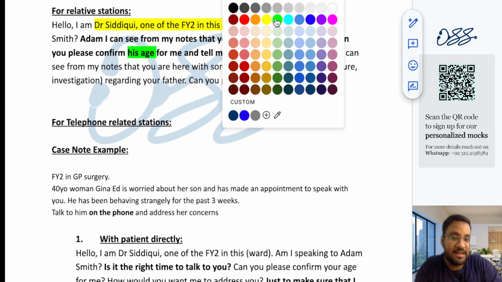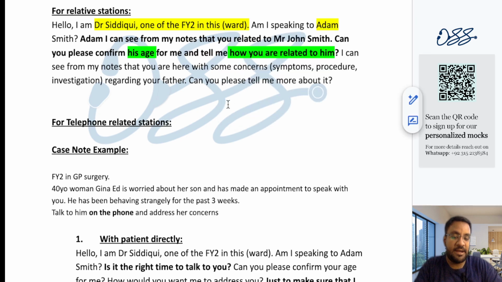In the relative scenario, it is important to verify the relation. Let's suppose that I am going to talk on behalf of my father. I would know the age of my father. Somebody close, if they are coming to discuss some medical issues, would know the age of the patient, whether my patient is 65 years of age, or 80 years of age, whatever the age is.